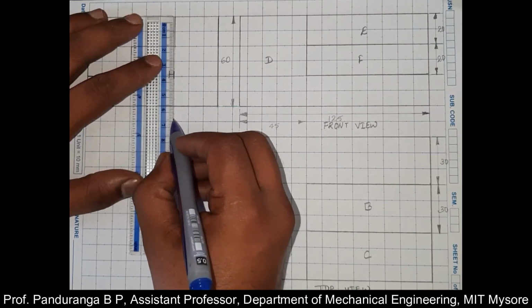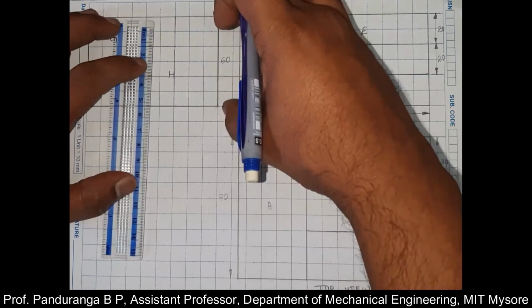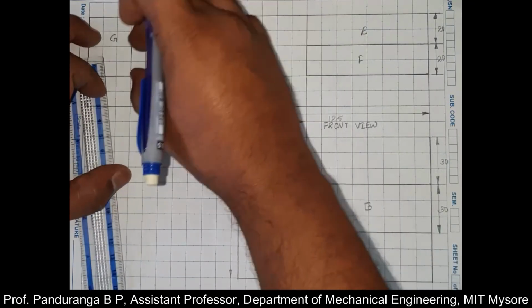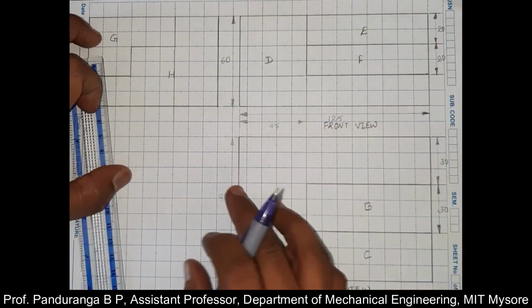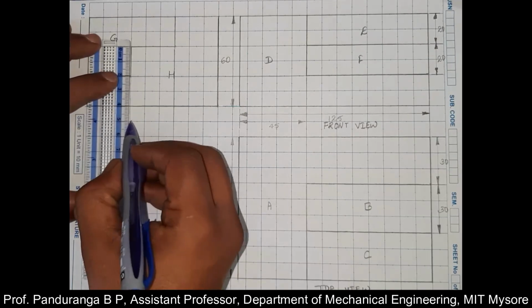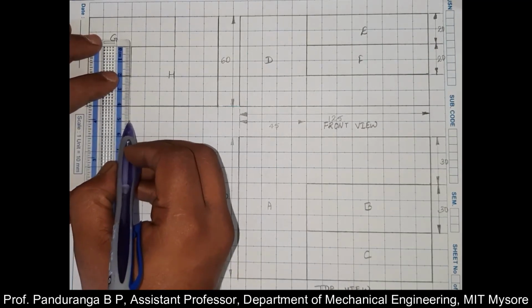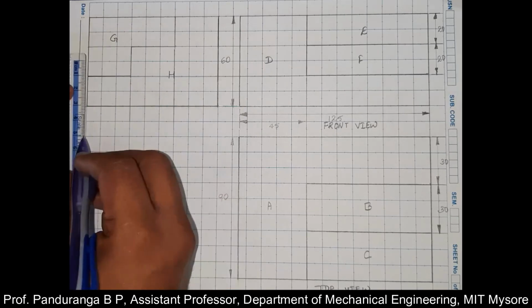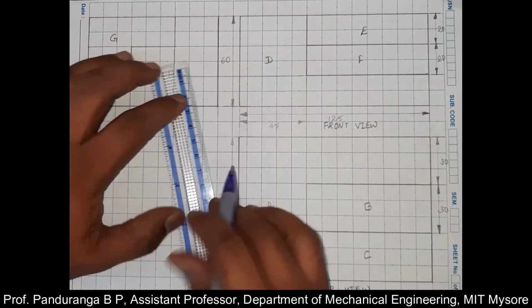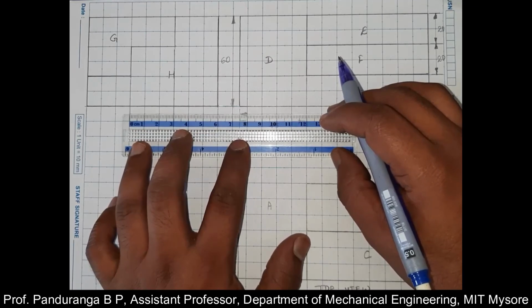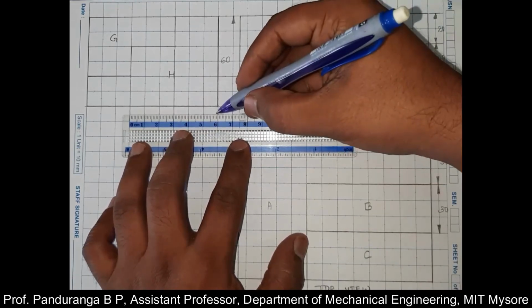Now I need to show the dimensions. The height of these vertical edges is already shown here, so we don't have to show that again. Now we need to show the dimensions for the horizontal edges. I know that these two have a length of 30 mm.